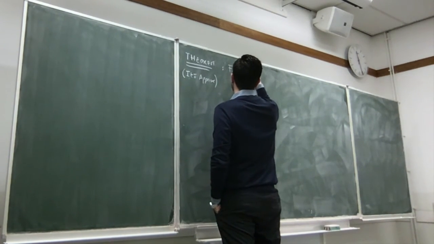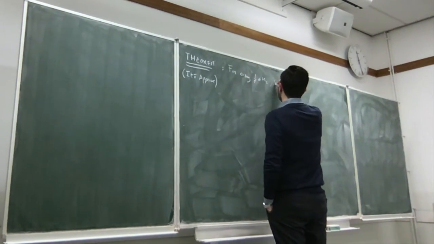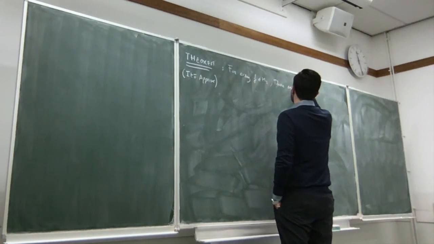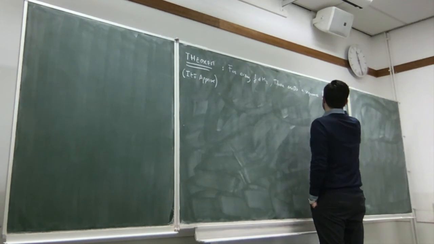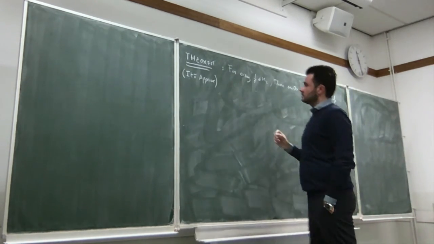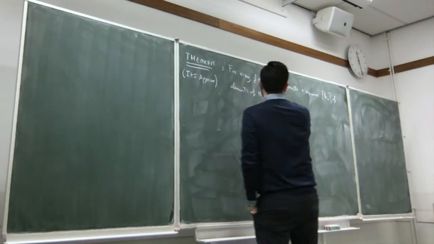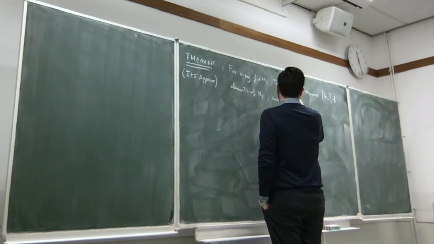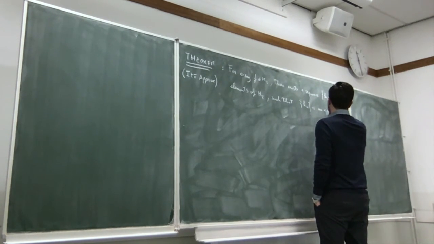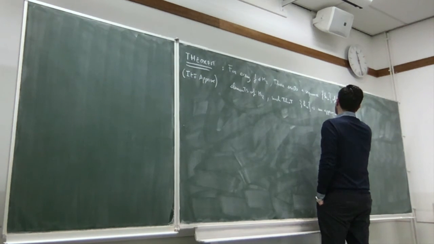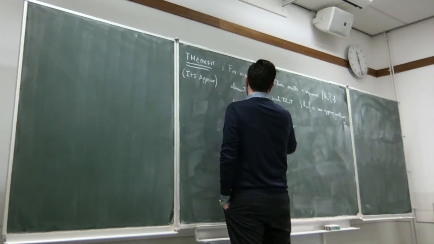For every f in M2, there exists a sequence h n of elements of M2 such that h n is an approximating sequence for f.